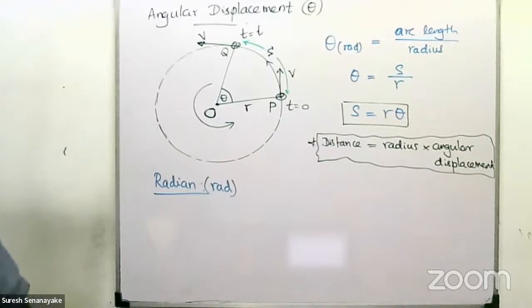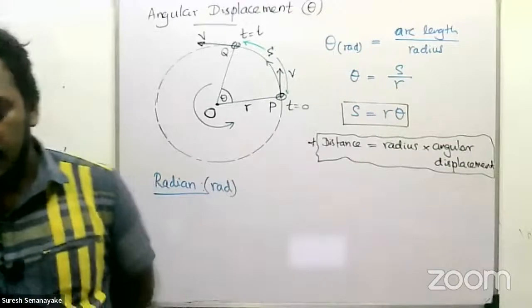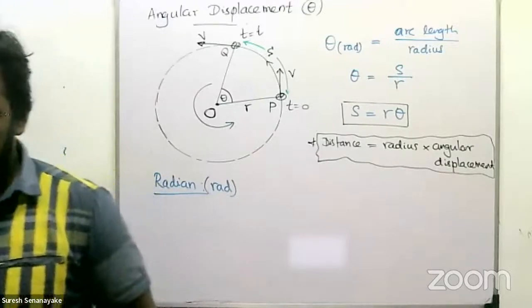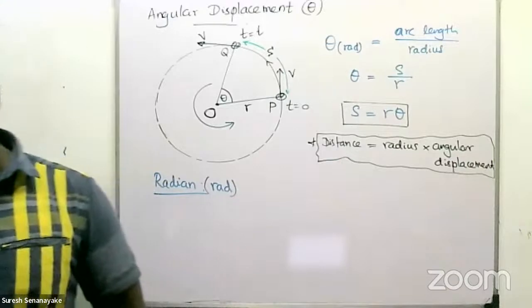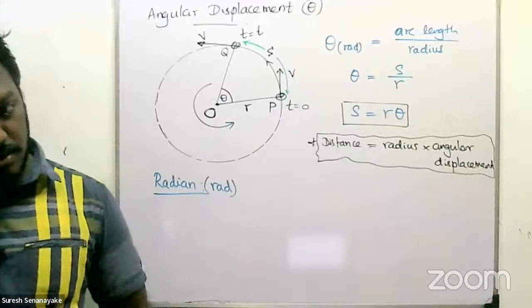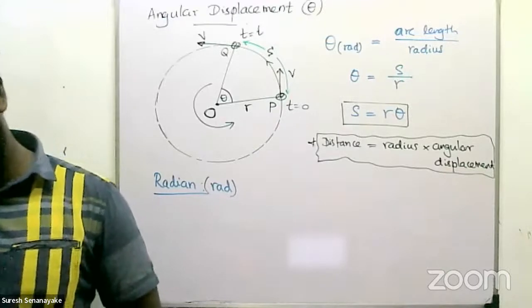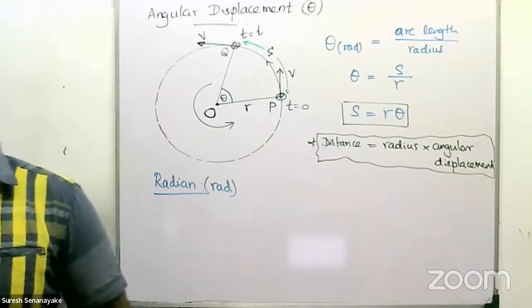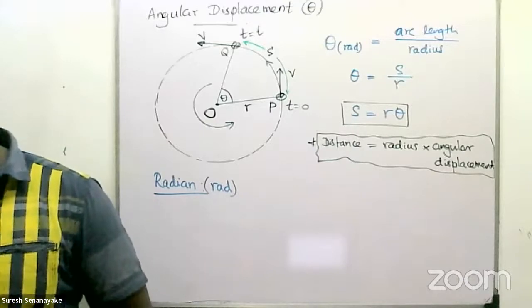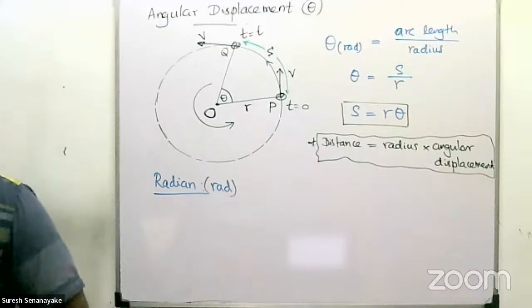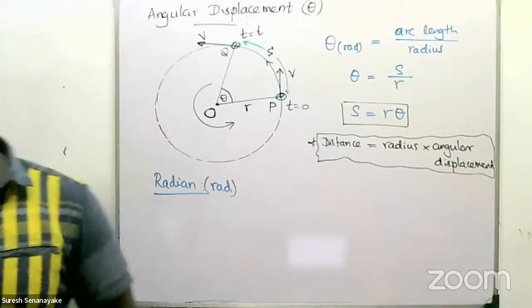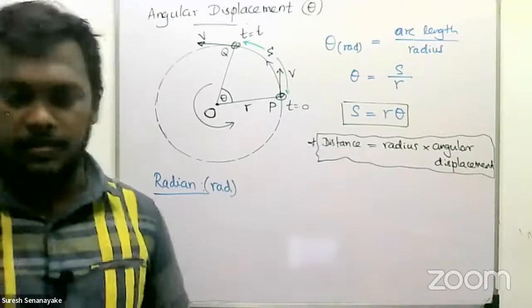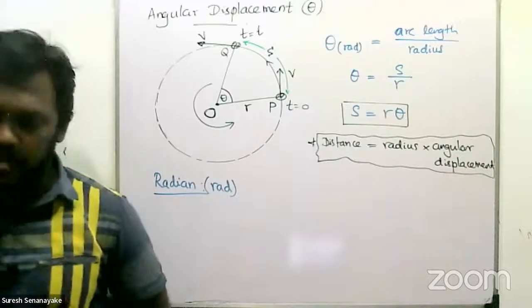Okay, write the radian definition. A radian is the angle subtended at the center of a circle by an arc equal in length to the radius.